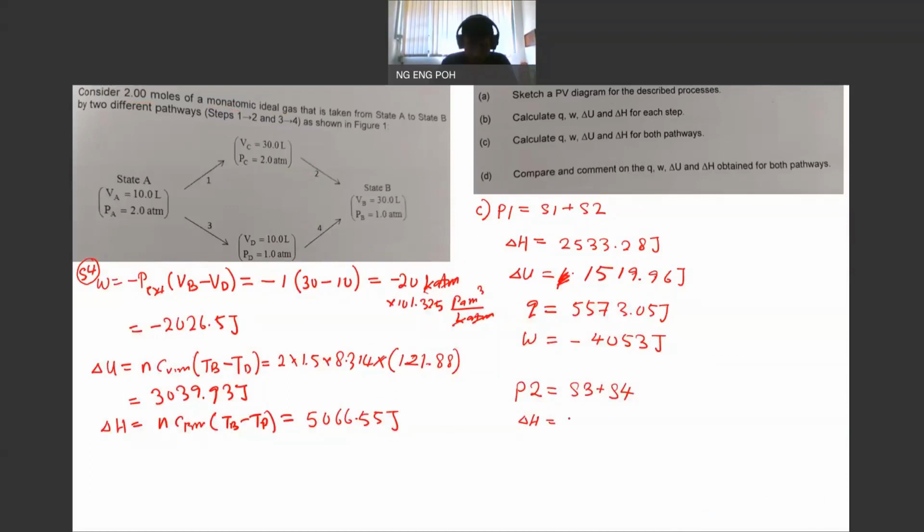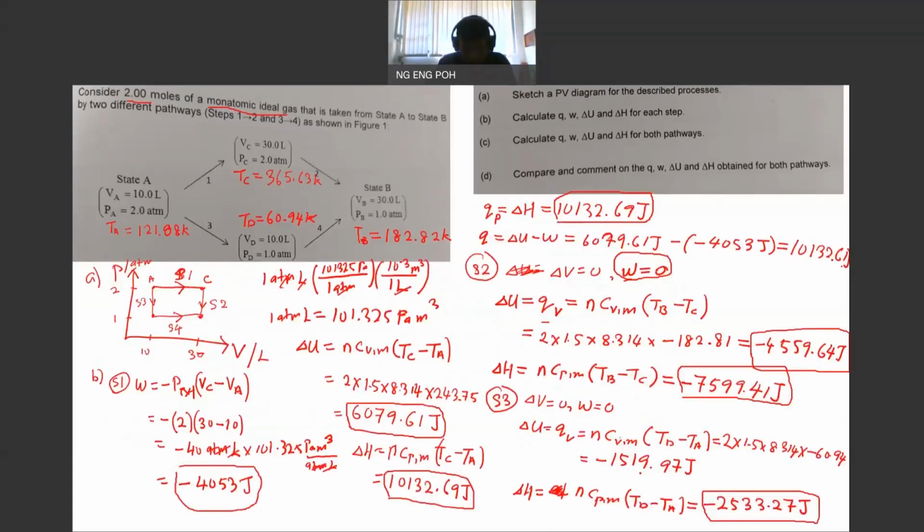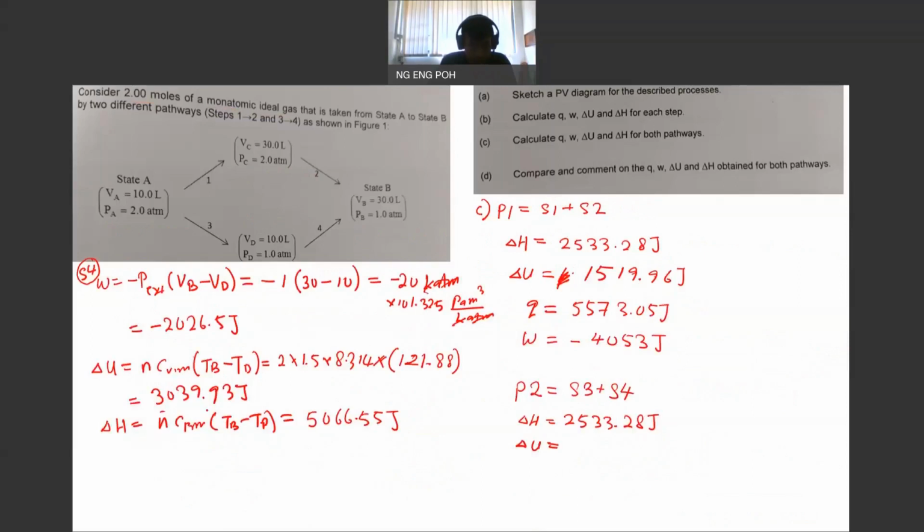So you will get the answer 2533.28 joule. Delta U is this value, negative 1519.97, and delta U here is this value, plus 3039.93. So it's 1519.96 joule.